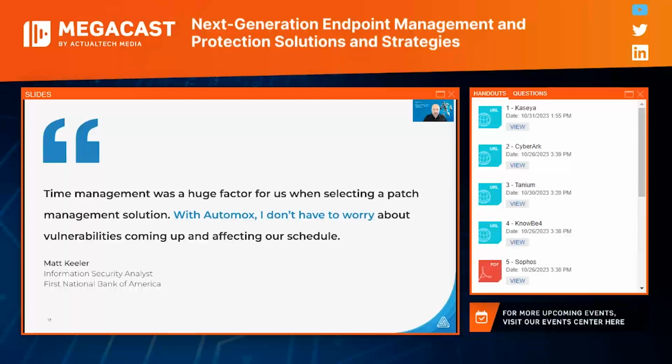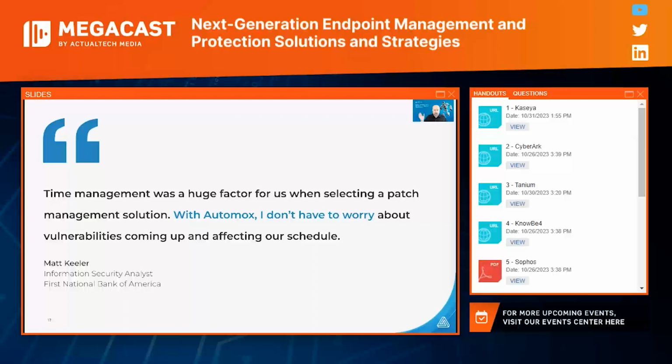"With Automox, I don't have to worry about vulnerabilities coming up." And again, that's a really critical factor that I want to drive home, which is you can set up policies to say, I want to patch critical vulnerabilities, CVSS score of say 8.0 and above. I want to patch those tonight, and I want to patch my high vulnerabilities this weekend. I want to patch mediums and lows once a month.